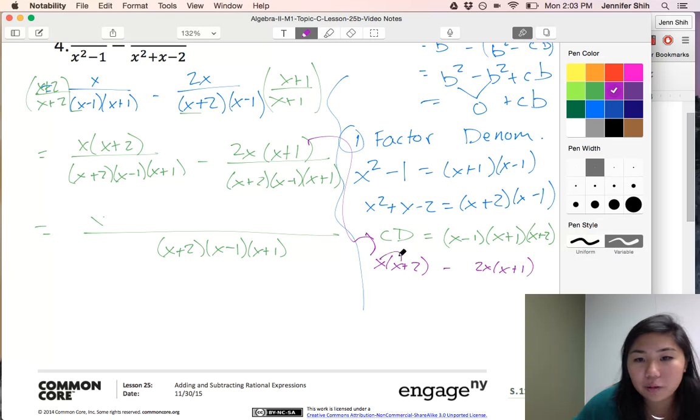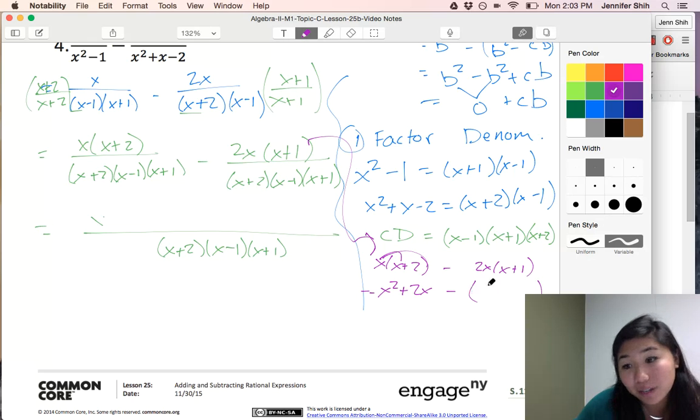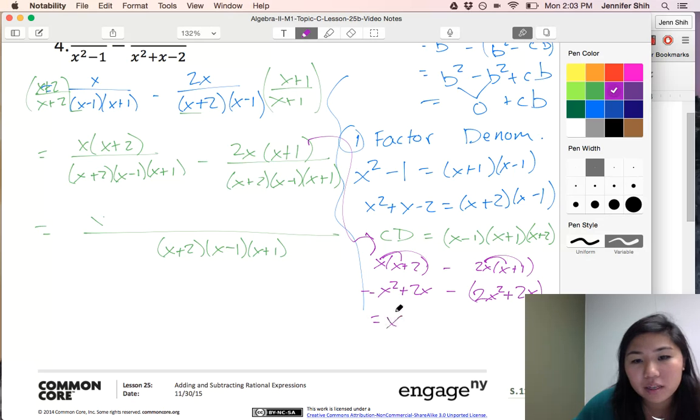All right, I'm going to distribute x squared plus 2x minus, I need a parentheses because there's a negative sign. I'm going to have to distribute that negative sign again. But this time, I need to distribute this part, 2x squared plus 2x. That's equal to, now I'm distributing this negative sign. So you have to be really careful.